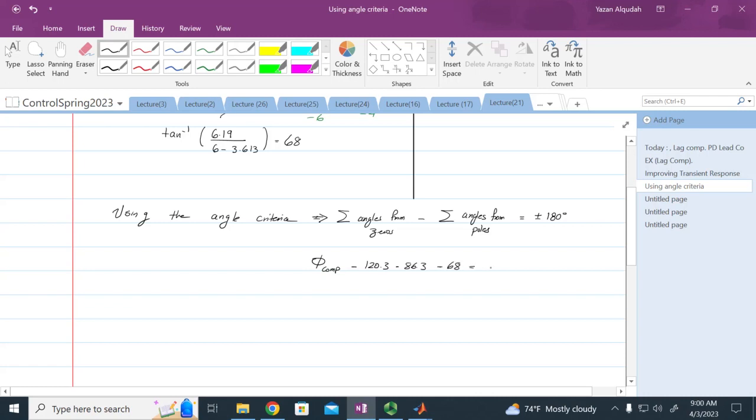And I want this to be plus or minus 180 degrees. Make sense? Therefore the smallest compensator angle has to equal 95.6 degrees.